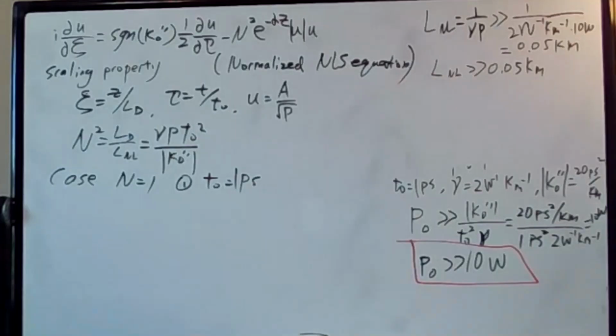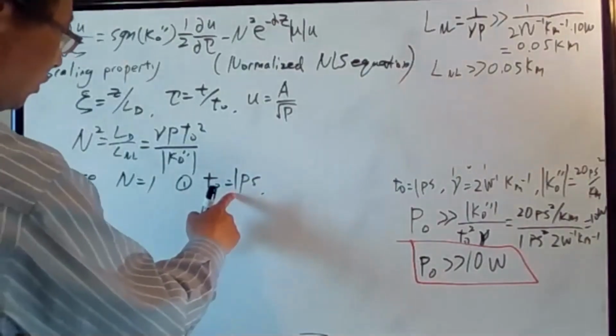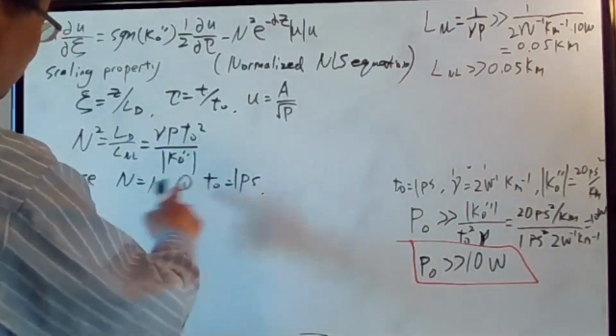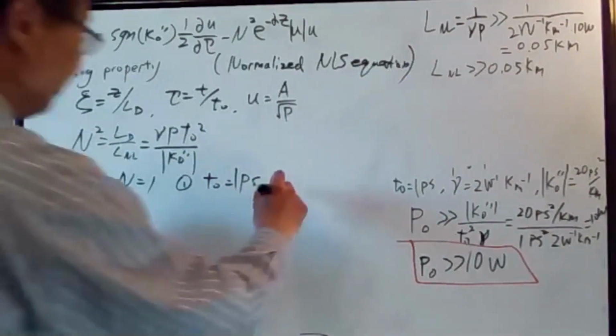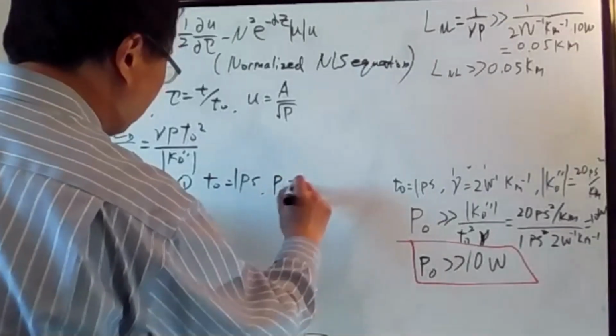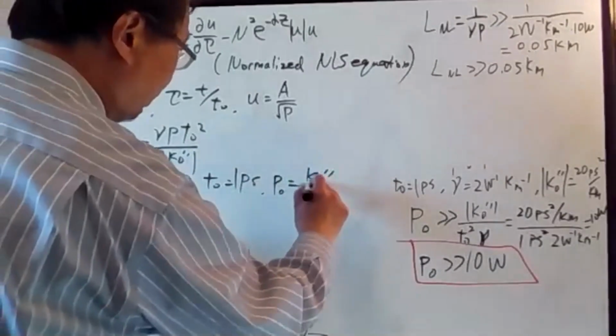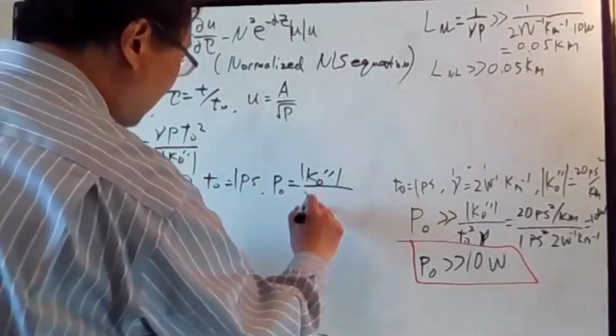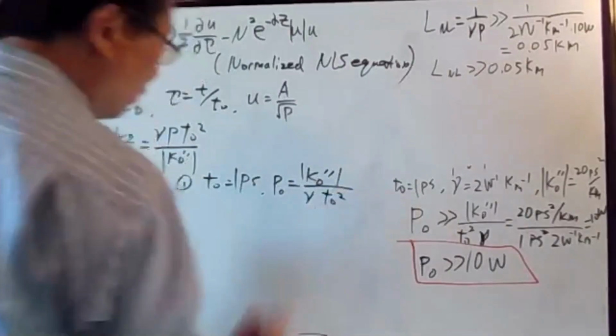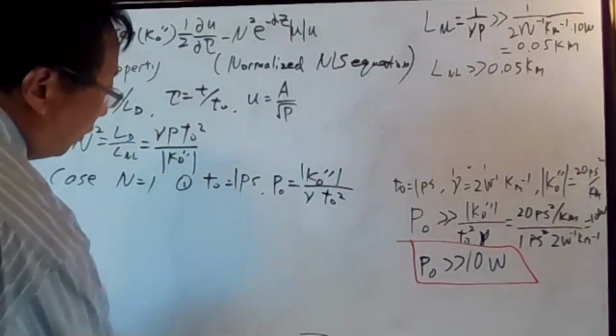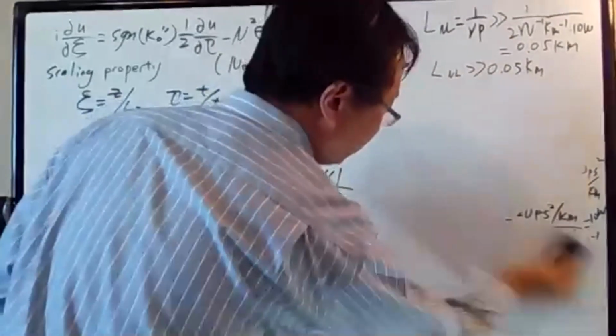So we can find out P naught, right? How much is the P naught? It's the absolute value of K naught double prime divided by gamma and T naught squared, right? Let me borrow some space here.